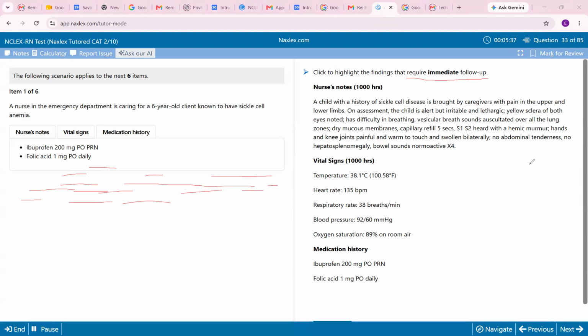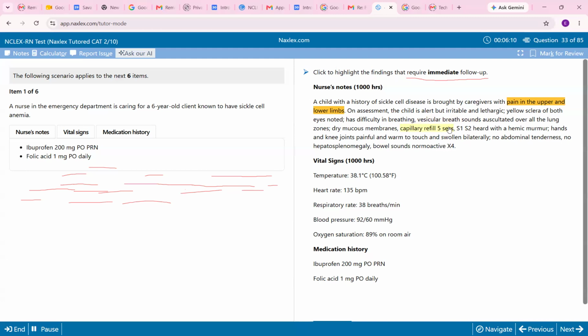Immediate follow-up. Brought with pain in the upper and lower limbs. Can you just mark the pain in the upper and lower limb? Okay. On assessment, the patient is alert but irritable, lethargic, yellow sclera of both eyes, and difficulty in breathing.